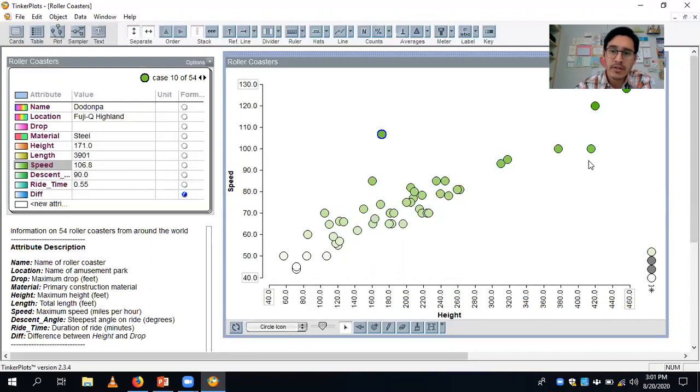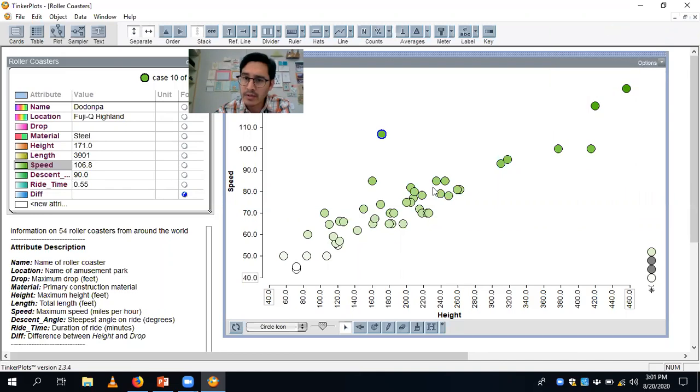And then unusual features. Maybe this point that's already been clicked, highlighted here in blue, stands out just a little bit. It seems to be a little bit faster than what seems to be the pattern here. Maybe that's the only one that I would say stands out, and it's not even a big deal.